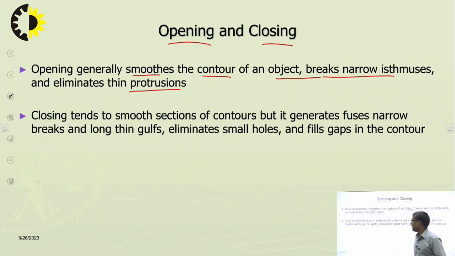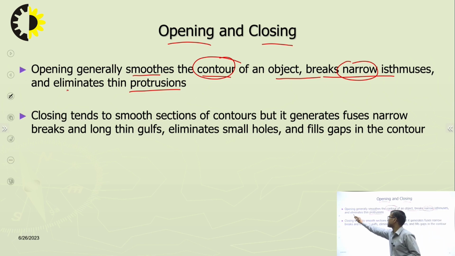So what does it mean? We can see with the example, but basically when we see the contour of an object, we are interested in breaking the small object details, or we want to eliminate the object details, and that is called isthmus and protrusions.